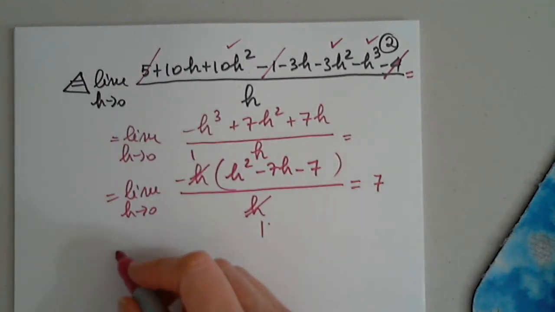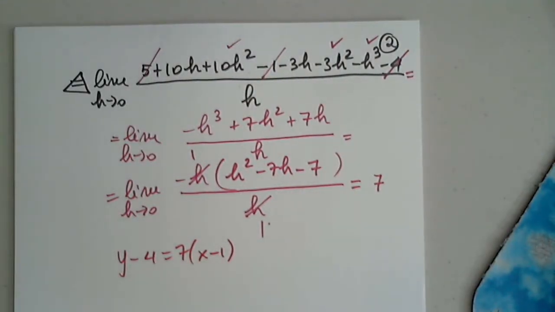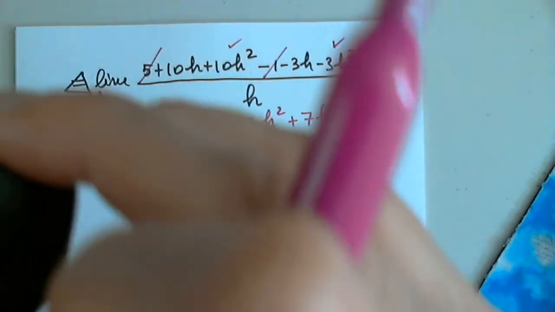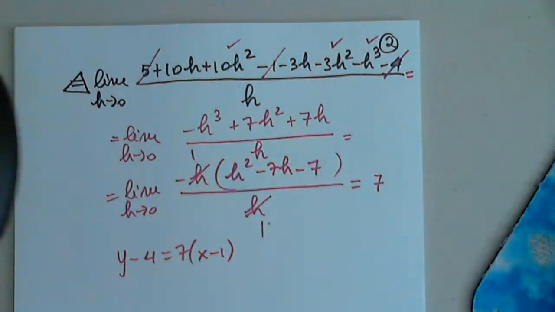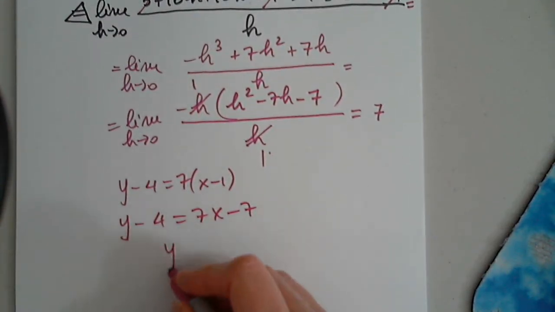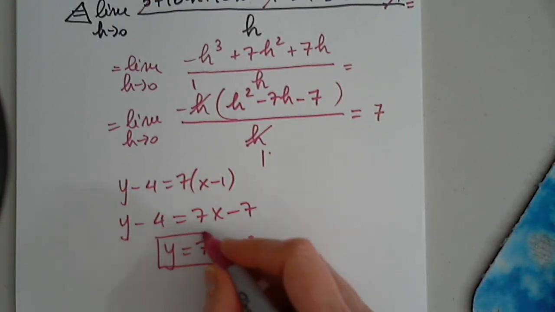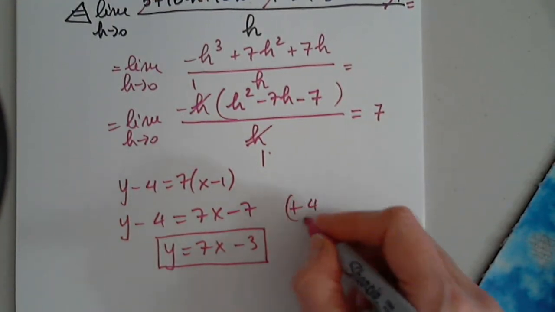So y minus 4 equals 7, x minus 1. So y minus 4 equals 7x minus 7, and I'm adding 7. So y equals 7x minus 3. I'm adding 4, I meant to say.